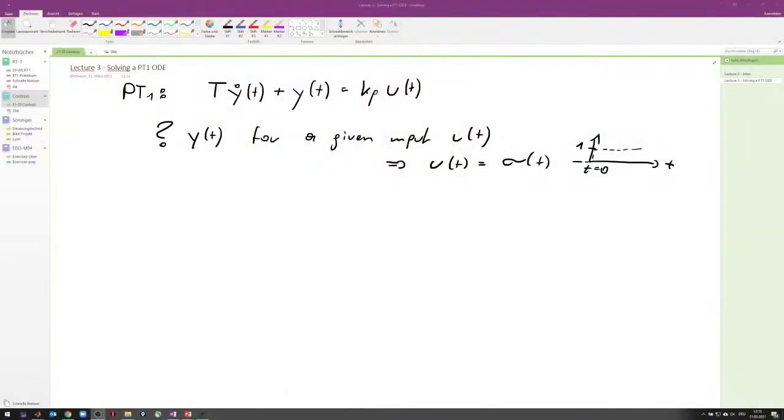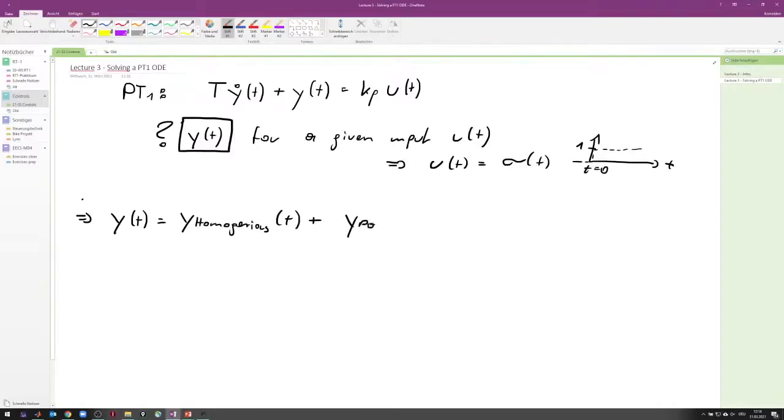Okay, and now we know that what we are ultimately interested in is this y of t. And for that, we know that this y of t is composed of the homogeneous solution plus some particular solution.